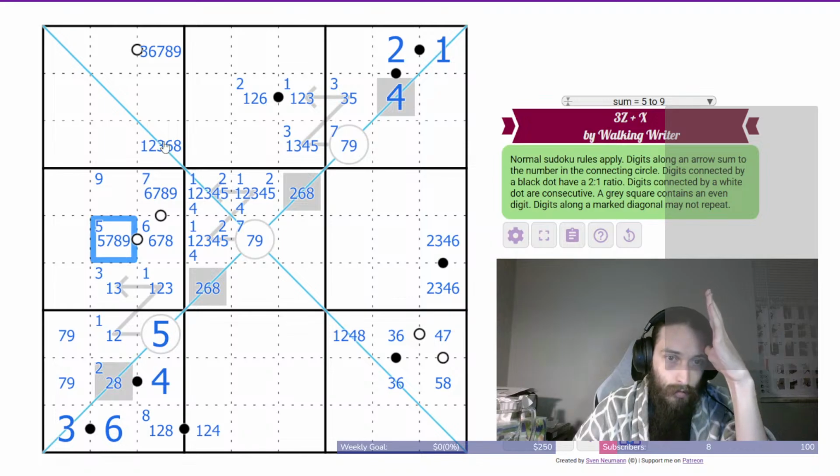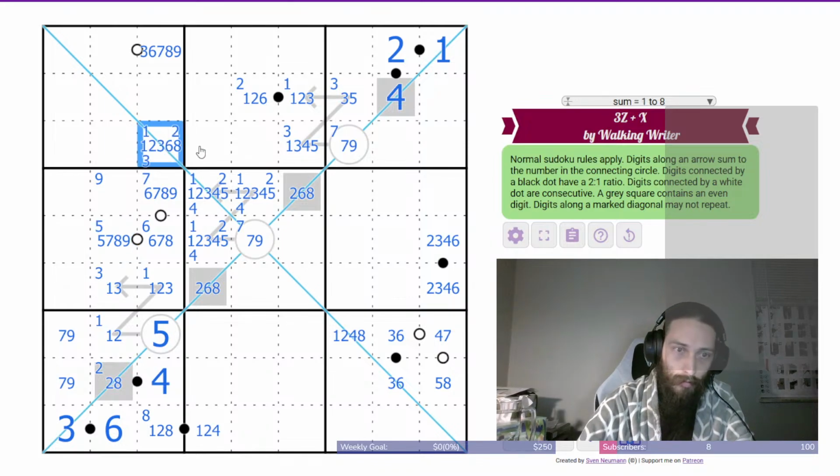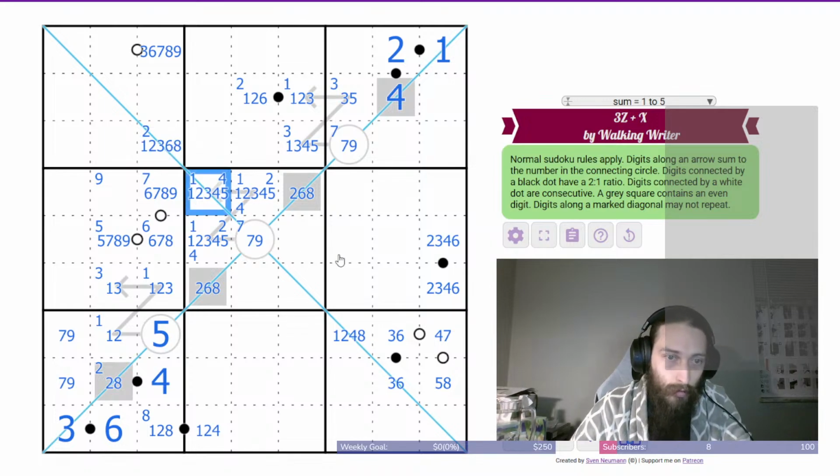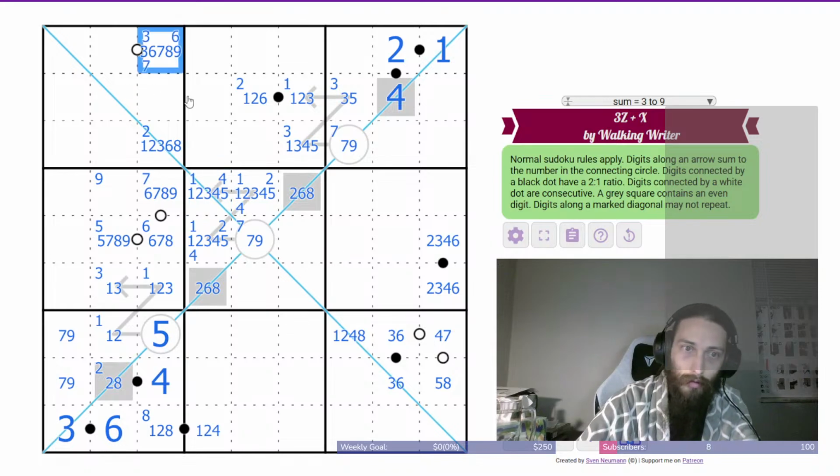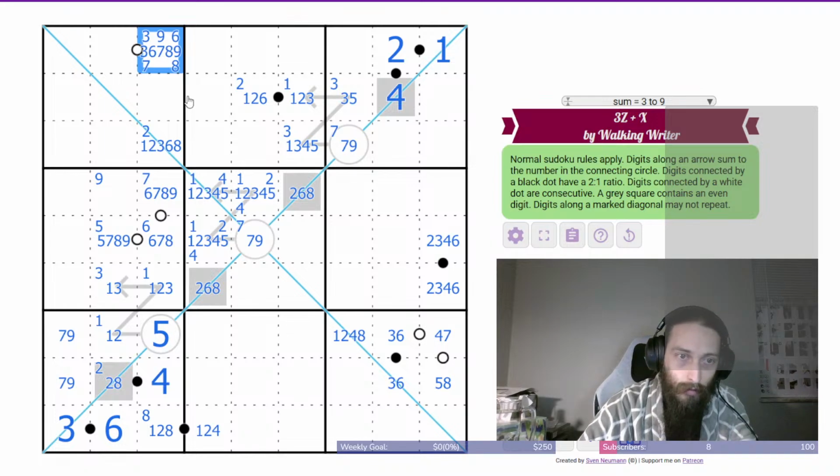So then this 1, 2, 3, 6, 8 couldn't be 6 or 8 or 3 or 1. So it ends up being a 2. Takes 2 off of that. And this 3, 6, 7, 8, 9 isn't a 7, a 6, an 8.